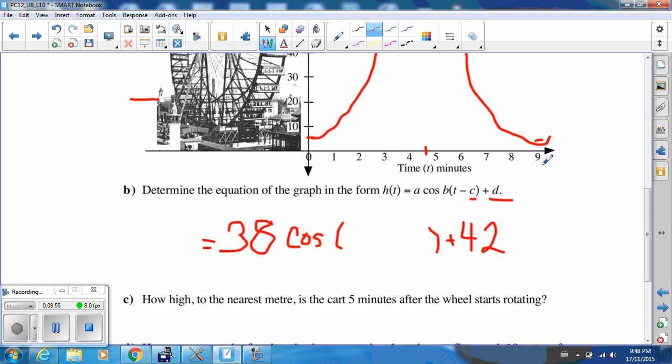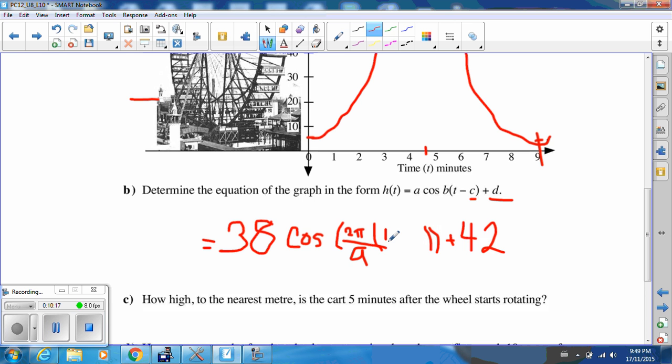Sorry, 9 minutes. So that's going to be 2 pi over 9. And again, we graph everything in radians for reasons that will become significantly clearer in calculus. But for now, just take that it is true.